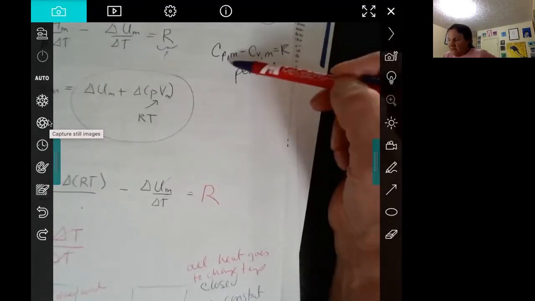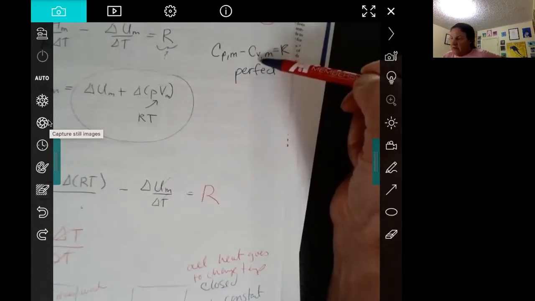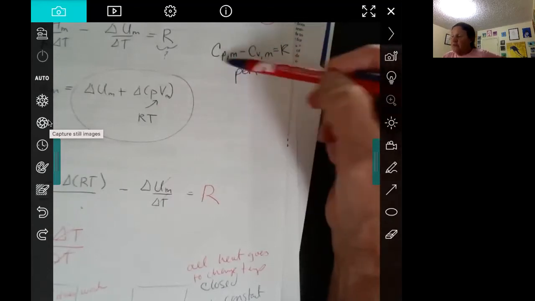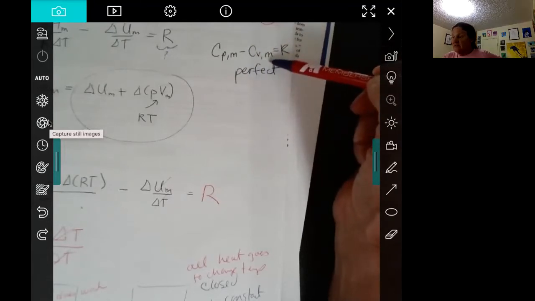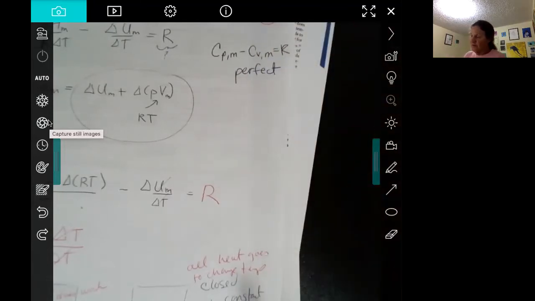So this relationship: the molar heat capacity at constant pressure minus the molar heat capacity at constant volume equals R if you have a perfect gas.